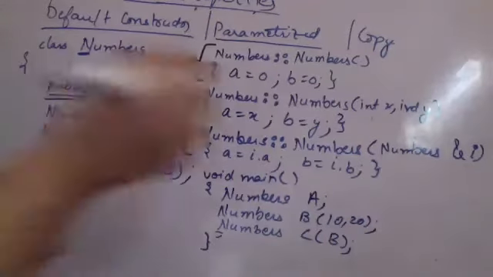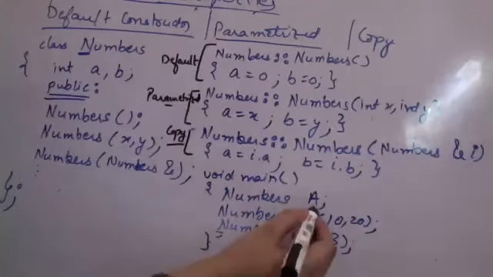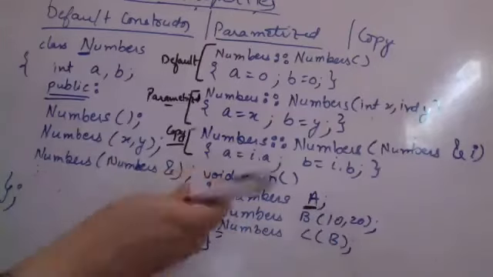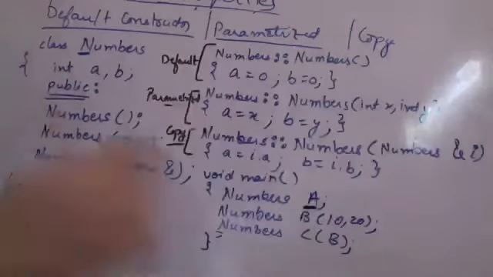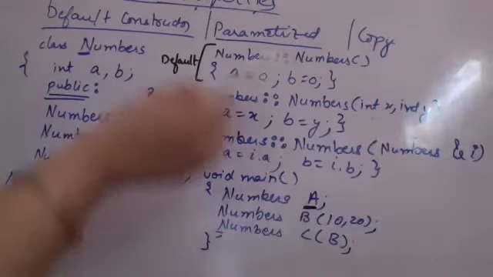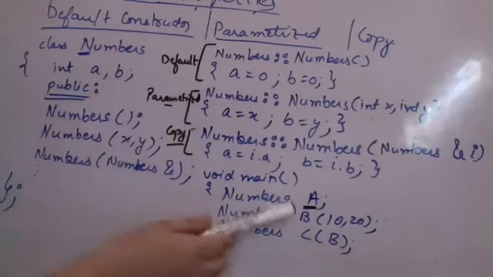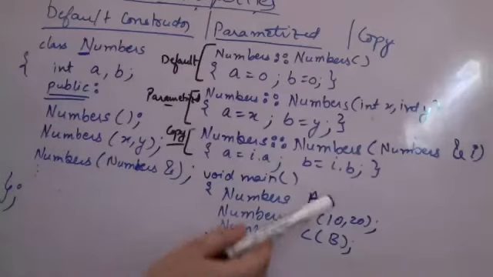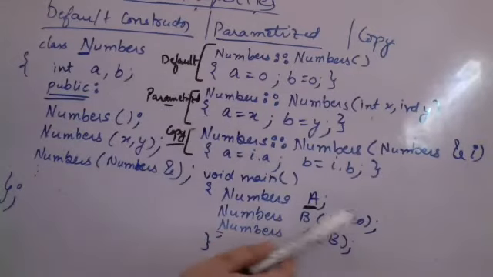Now what happens is, when I'm creating the object A, the members small a and b for the class A have the value 0 because the default constructor gets called automatically. When I'm creating the object A, I'm not passing any parameters.